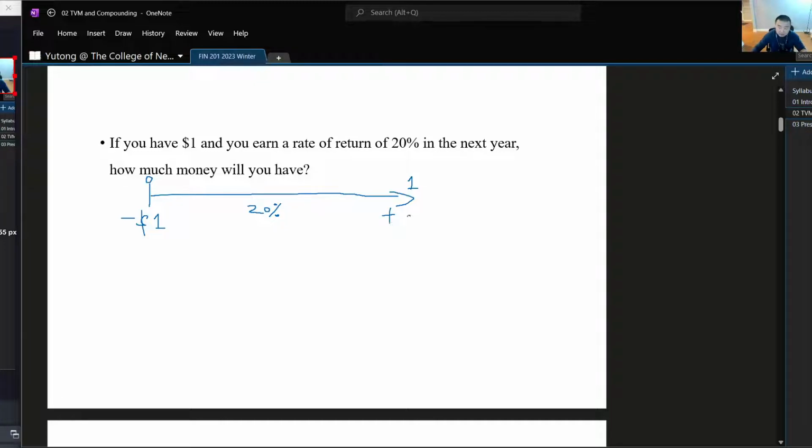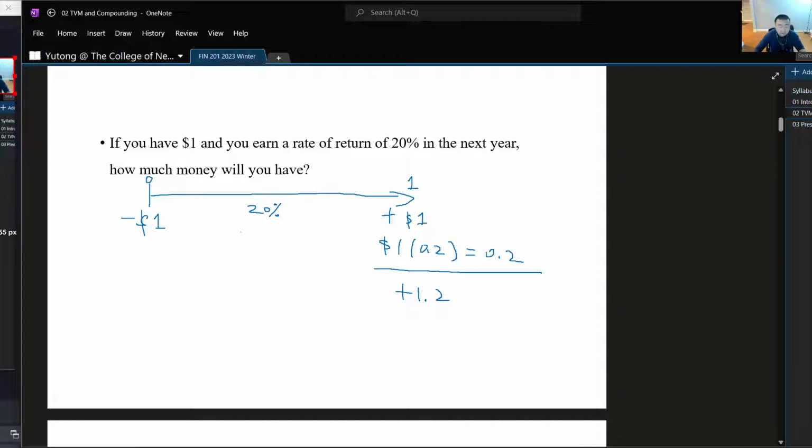Again, you're absolutely gonna have your principal back, and then you're gonna have the interest, the additional return you're getting. That is, for every dollar, you're gonna get 20 cents, 0.2. So in total, you have $1.2. This is basically the future value.